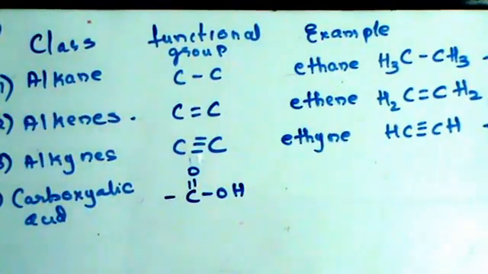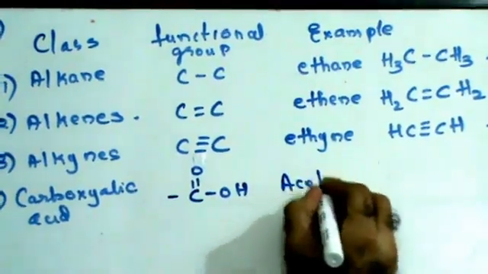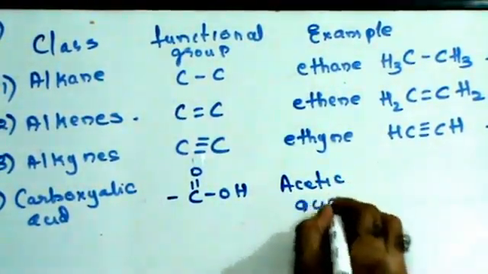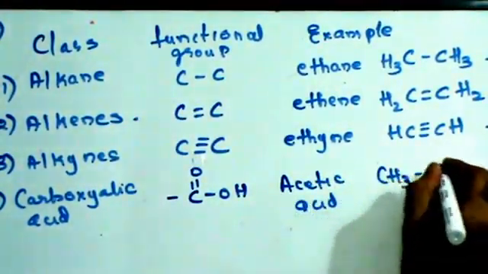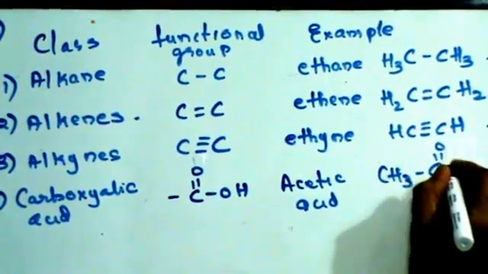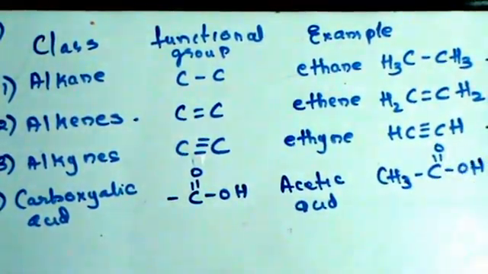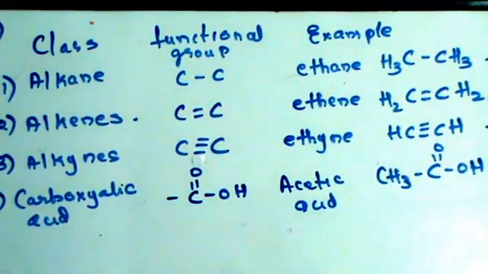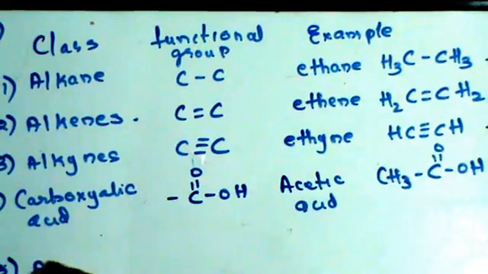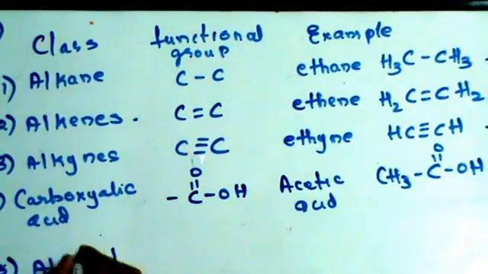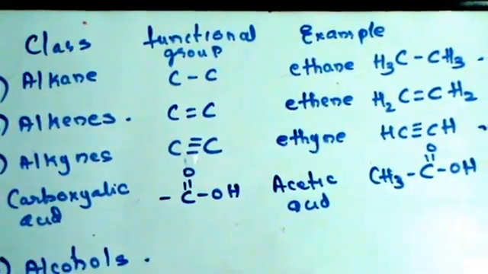The example is going to be acetic acid, CH3COOH. So COOH is carboxylic acid. The next functional group you have is alcohols. Right?